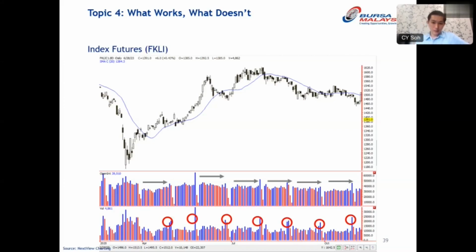So at the end of the month, what really happens in futures market is that, again, back to the very fundamental of futures market, futures contracts will expire. So this is where market participants are rolling over the futures contract. So at the end of the month, market participants will roll over, which is fine.